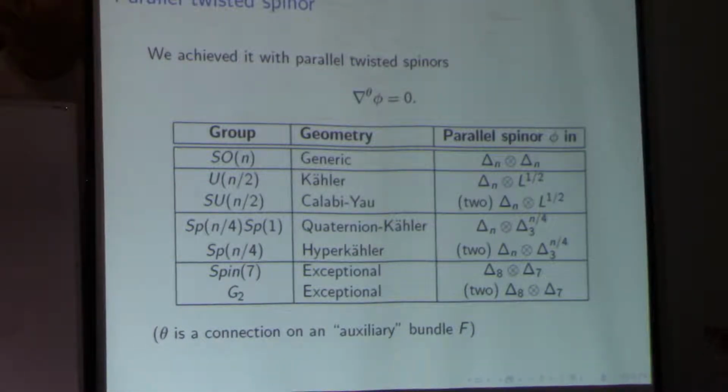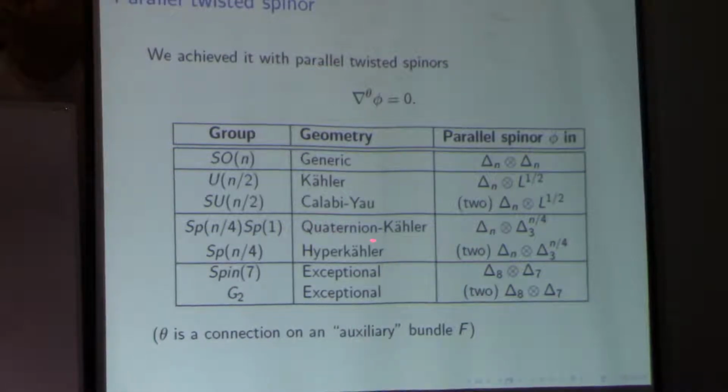So we achieved this by studying spinors. Here I'm introducing symbols that I'm going to explain in a little bit. Twisted spinors, because this is a spin representation, and I am tensoring with another representation. And those types of representations are spin representations of another group, of an auxiliary group. Okay?